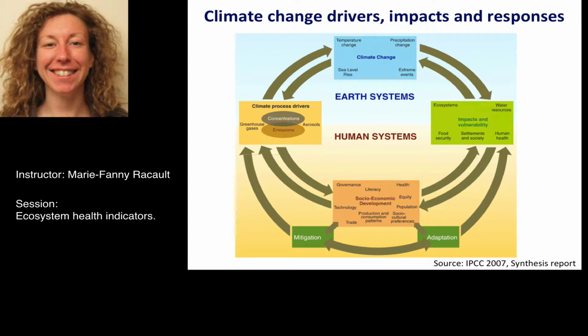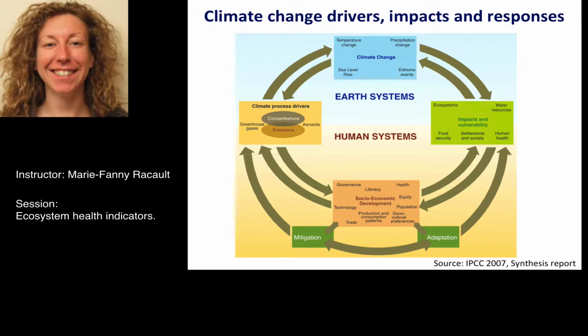So this was really to show you partly the Earth system component. When we talk about climate change, climate drivers, looking at impacts and responses, we really have two systems that are interacting: the Earth system, and the human system, so us, our society.